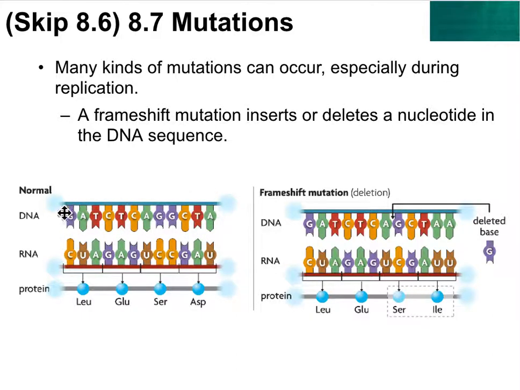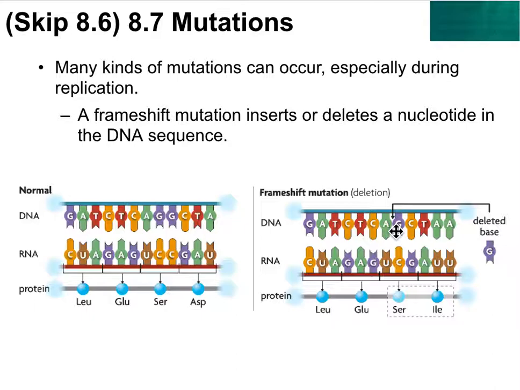Same string of DNA. Here's the RNA. Here's the protein. Okay, the central dogma, DNA, RNA, protein. Now let's say we have a frame shift mutation. There's supposed to be another G in here, but it's been deleted. So again, if you pop over here to the normal side, you got two G's next to each other. Well, one of them is missing here.